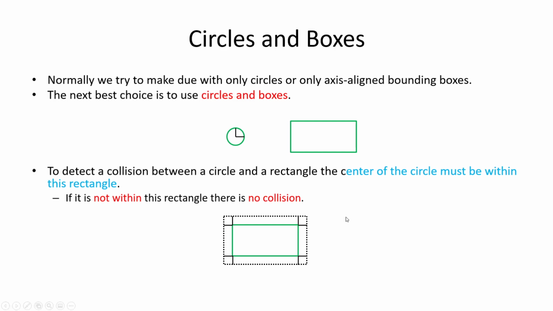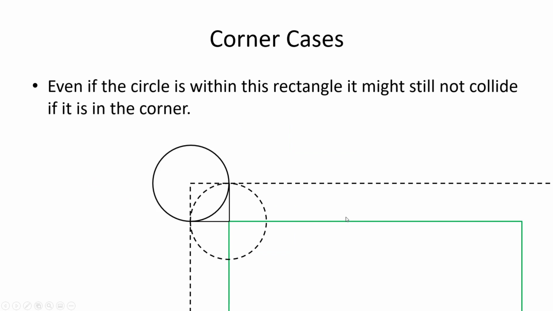What happens if it is in the rectangle? Well, if it is in the rectangle, we'll notice that not every single circle where the center point is inside that rectangle is technically colliding with the rectangle. In fact, if the center point is like this circle here, where my center point is right here in the top corner of that rectangle, then we can see that when we draw the circle here, it doesn't collide with the corner.